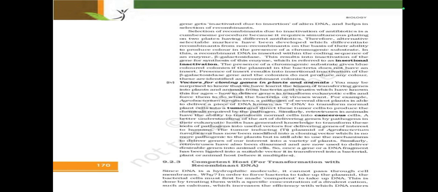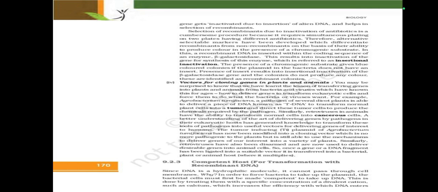Better understanding of the art of delivering genes by pathogens in their eukaryotic hosts has generated knowledge to transform these tools of pathogens into useful vectors for delivering genes of interest to humans. The tumor inducing Ti plasmid of Agrobacterium tumefaciens has now been modified into a cloning vector, which is no more pathogenic to the plants, but is still able to use the mechanisms to deliver genes of interest into a variety of plants.